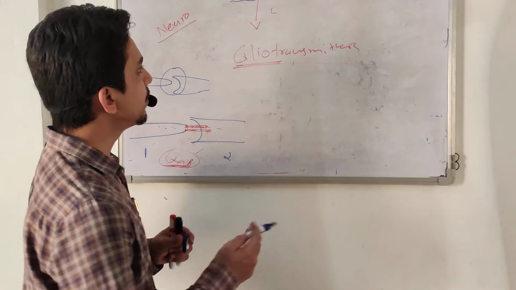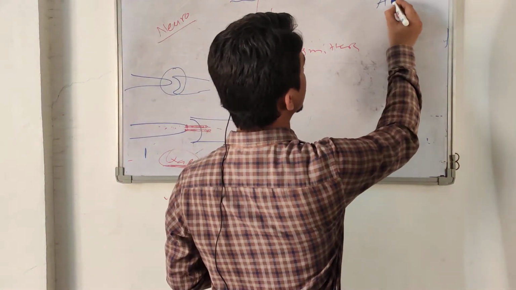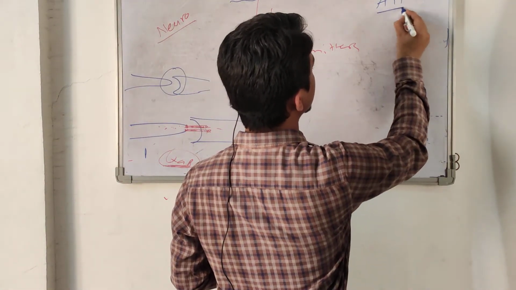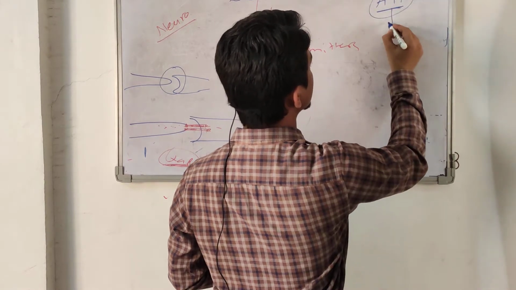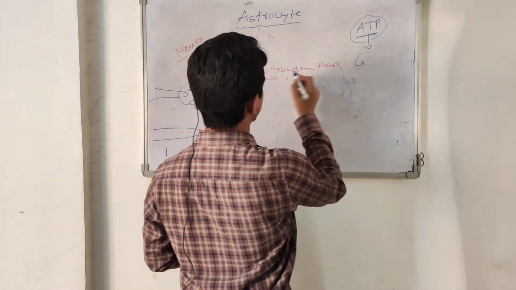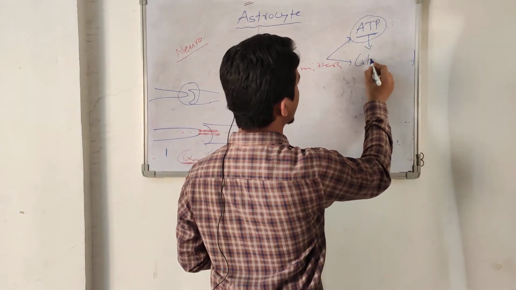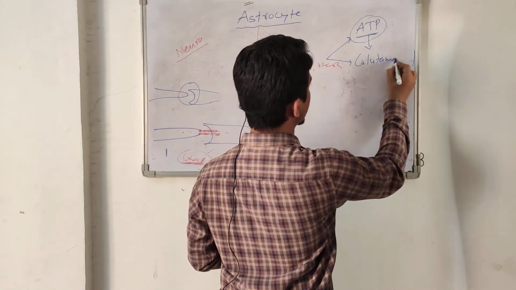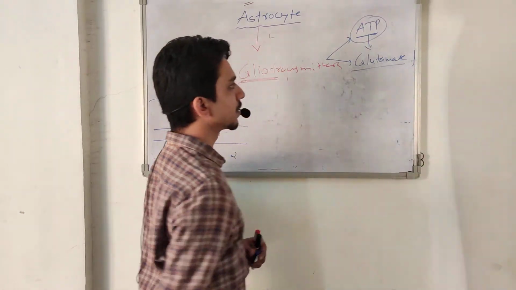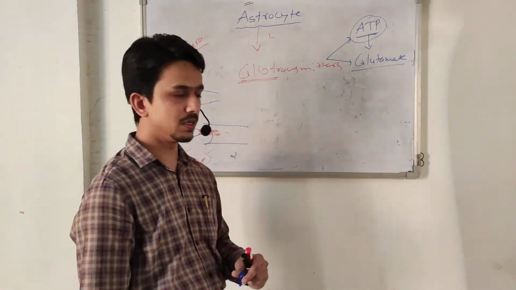So there is a signaling mechanism, ATP, or also a gliotransmitter, we call it gliotransmitter ATP. Also there is glutamate, which is also a neurotransmitter. So how do they work?